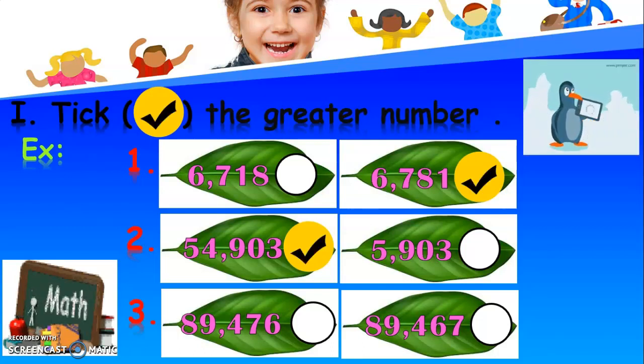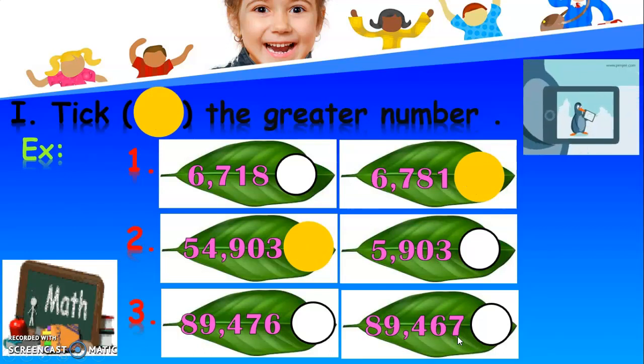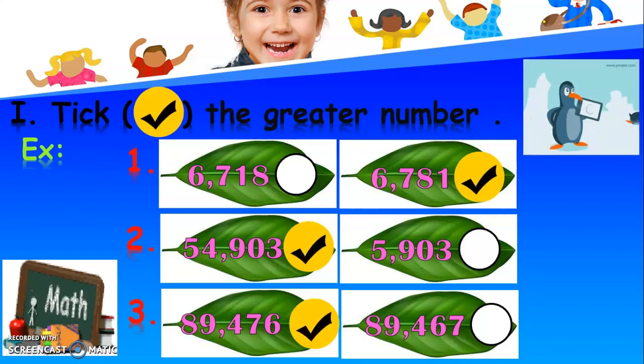And for number 3, we are comparing 89,476 and 89,467. For this one, the greater number is 89,476. This should be quite easy for you, so I do hope that you got all of these 3 answers correct. Now, are you ready to go to the next part?